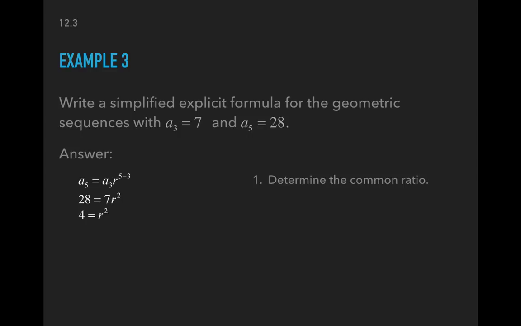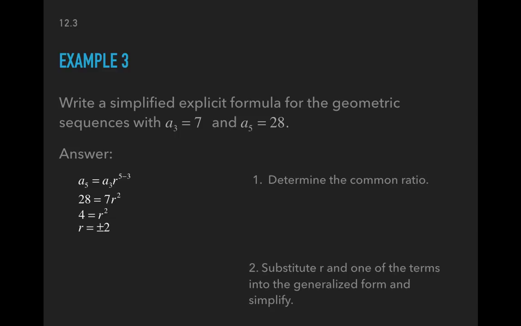And you would have to take the square root of each side, or think, just kind of common sense, what squared gives you 4? Now, I say common sense, but it's not always so obvious. It's both 2 and negative 2. So there are two options here for your rate, which means you're going to have two sets of answers, because there are two possibilities here with geometric sequences.